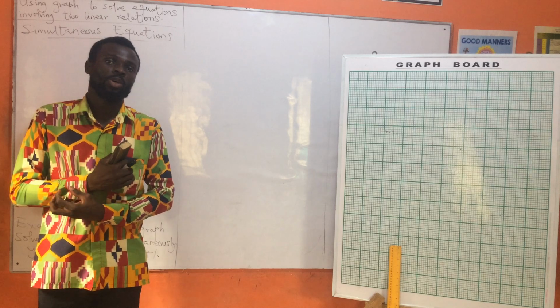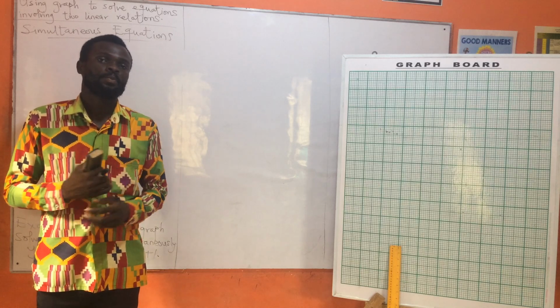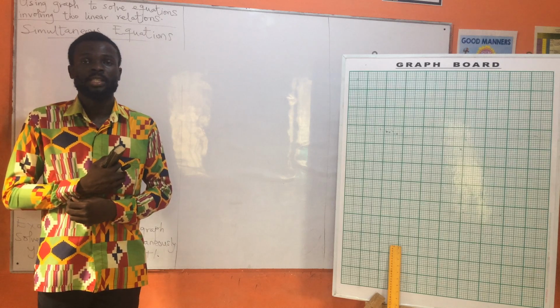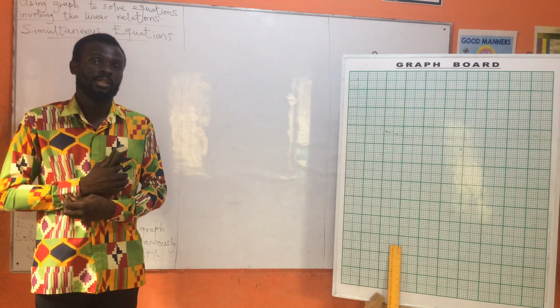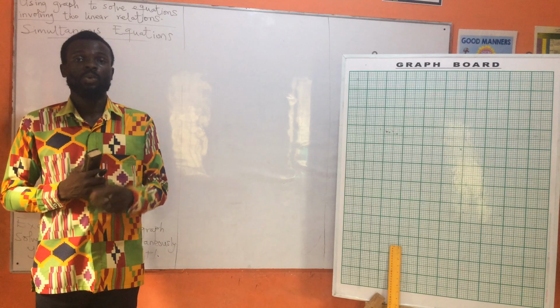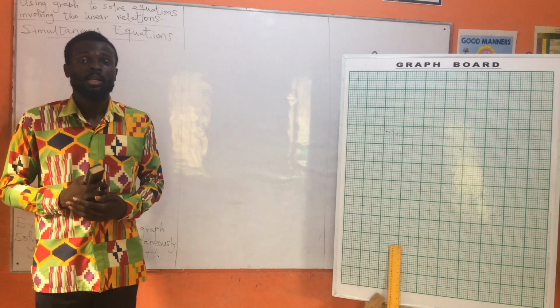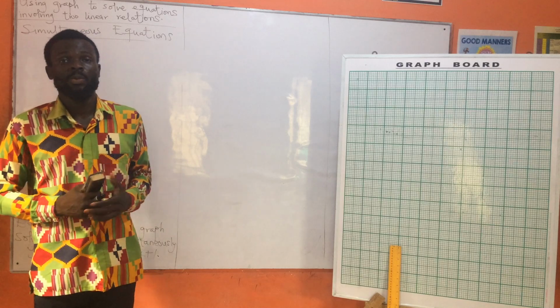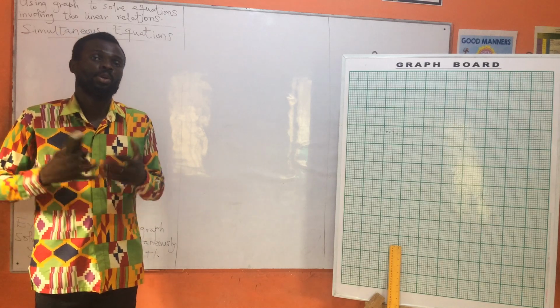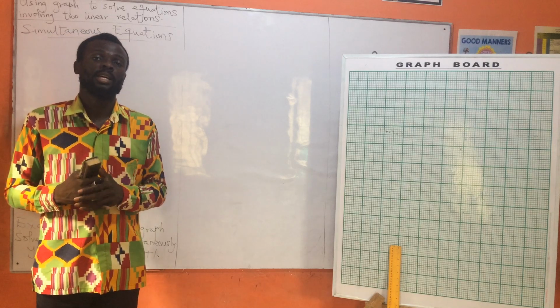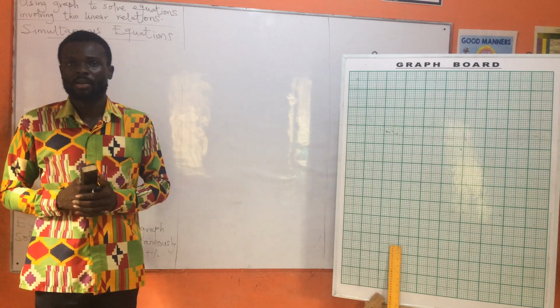Previously, we talked about drawing and completing the values of two relations, and today we want to continue from the same substrand. Previously we looked at how to plot the graph for two relations and how to find the gradient from a graph.